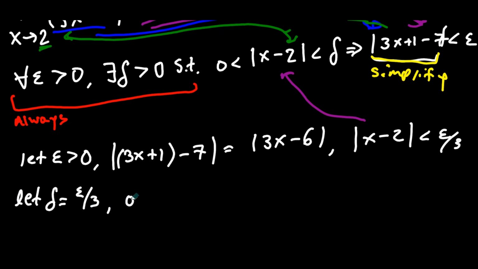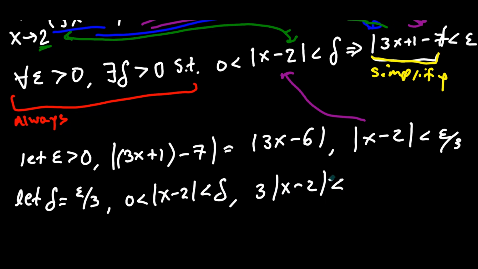And if the absolute value of x minus 2 is in between 0 and delta, then this means that 3 times the absolute value of x minus 2 is less than 3 times delta, which is of course also equal to epsilon over 3 times 3.